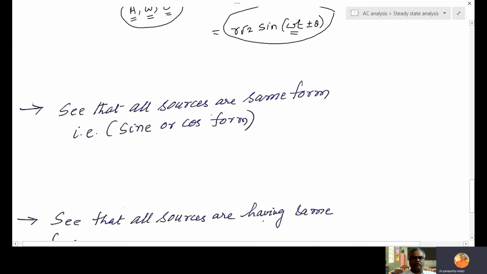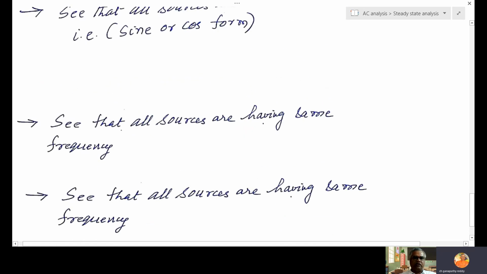Then see that all sources are in the same form, either sine or cos, and see that all sources have the same frequency. Why are we checking that all have the same frequency? If all have the same frequency, we can apply the second, third, fourth, fifth steps. If frequencies are different, straight away jump to the sixth step.